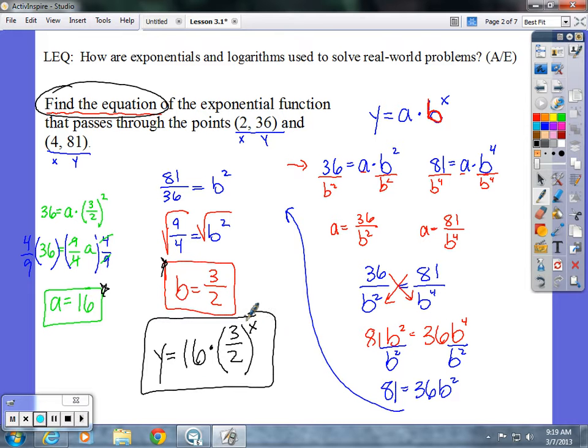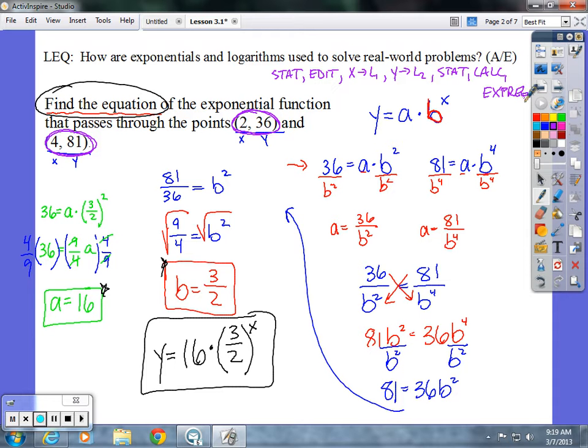Now, I did all that work by hand, but again, I'm strongly encouraging you to consider using the calculator, the TI. Remember, you go to Stat, Edit, you put your x values in L1, you put your y values in L2, Stat, Calculate, and this time ExpReg.